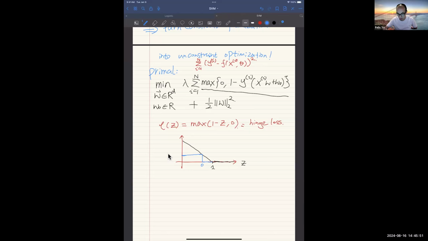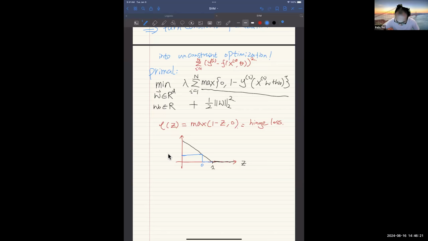If it is on the right side of the decision boundary, the loss would be 0. If it is not, it is assigned 1 minus z. So if it is very far away from the decision boundary, this value will be larger.